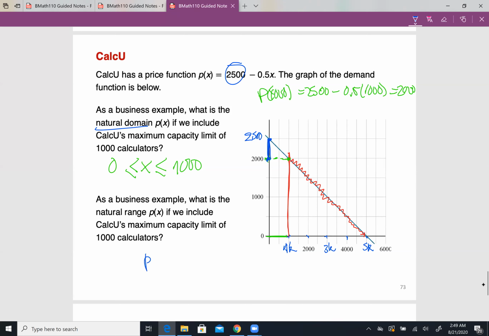So P of x has to be between 2,000 and 2,500. Okay.